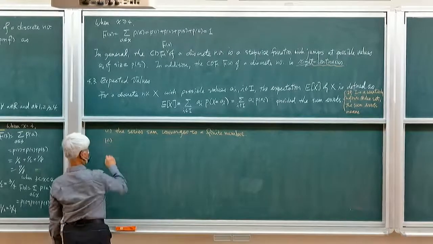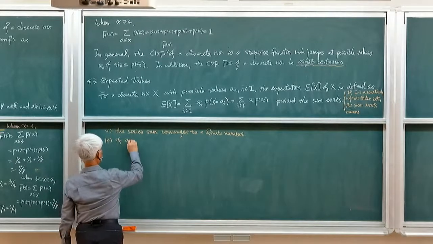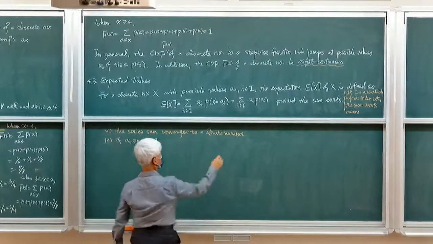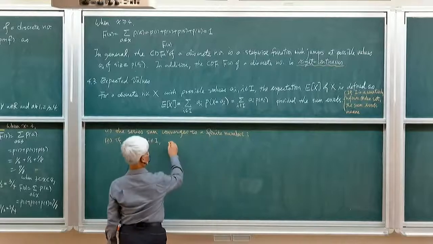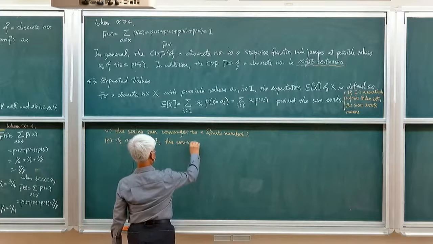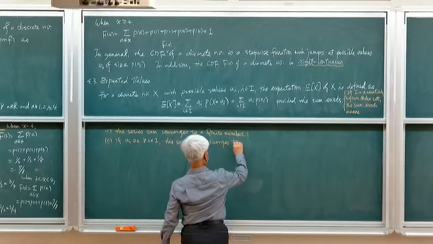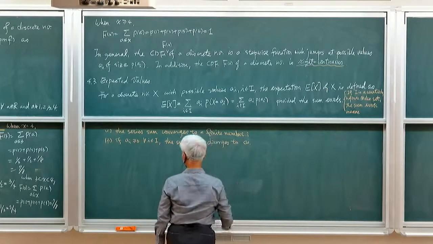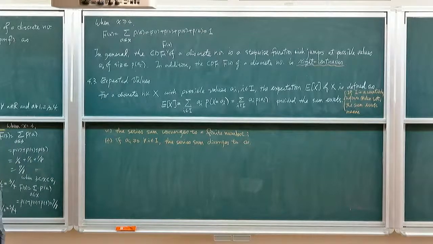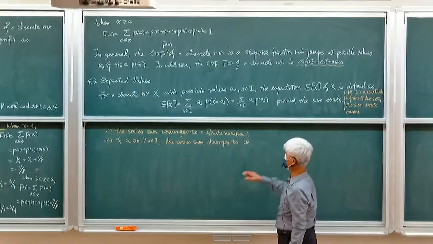The second, very special case: if a_i is greater than or equal to 0 for all i in the index set, and the series sum diverges to infinity. So sometimes we still regard it as existing.